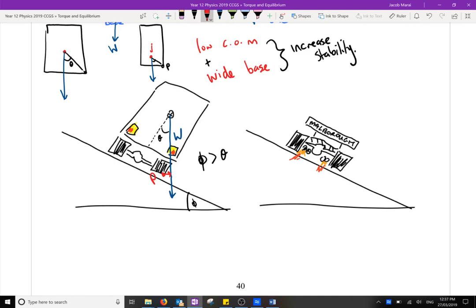This produces a moment on the other side of the wheel which would cause it to topple. So with trucks, generally you don't park on a massive incline like that because it's probably going to fall over. And also going around corners as well, which is a bit tricky because you've got weird forces there.